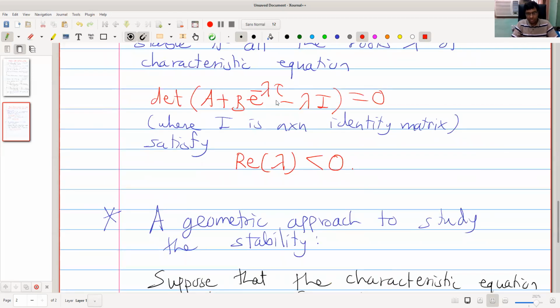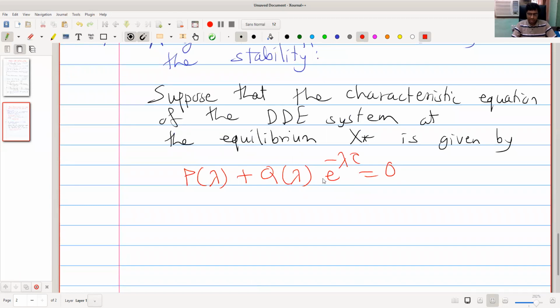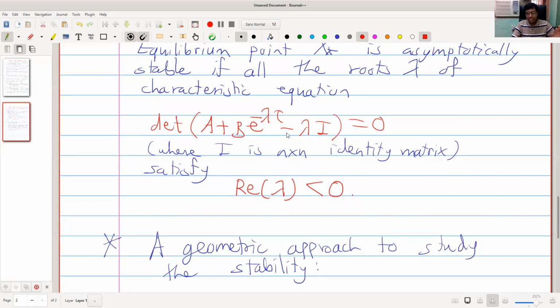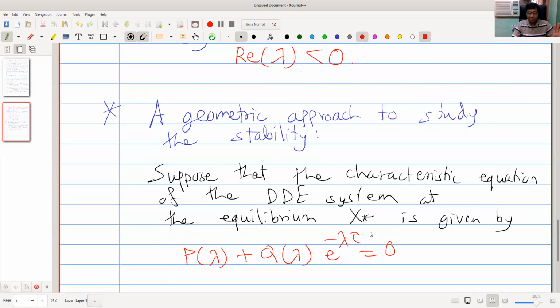There is the matrix B into e raised to minus lambda tau. So for some particular B's, we can have such a format, but not in general. Certain systems we can handle using this approach.